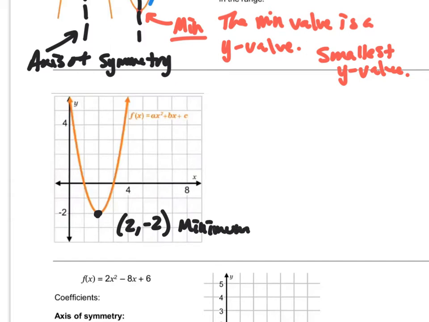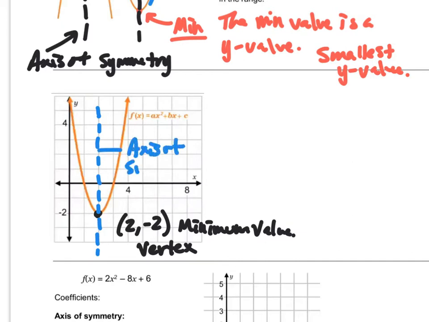We also call this point a vertex, and a vertex is going to give us either a minimum or maximum value. Then we get this line of symmetry, or axis of symmetry, which is the line x equals 2. That is a vertical line going through 2.